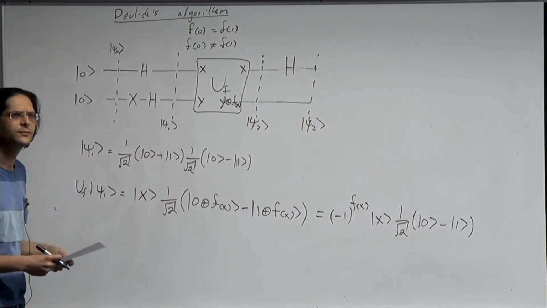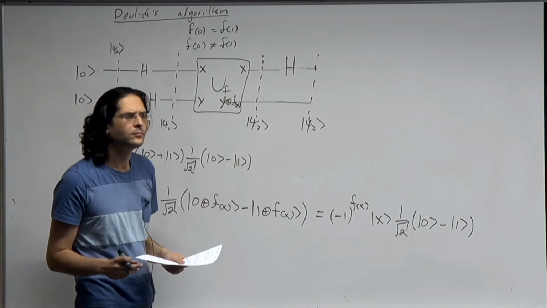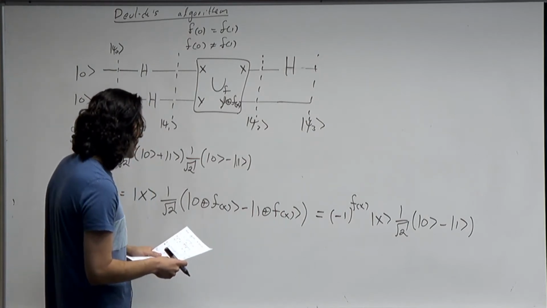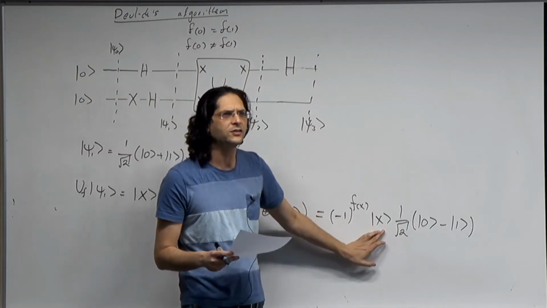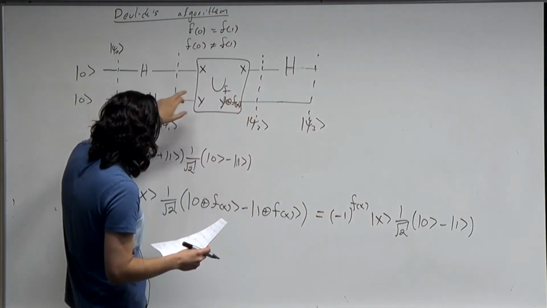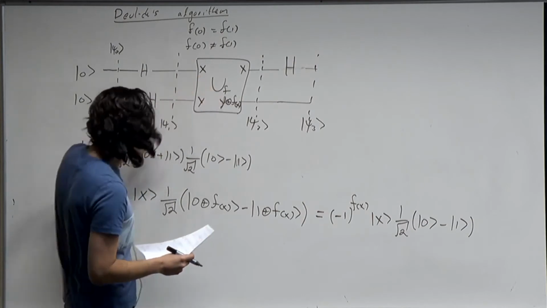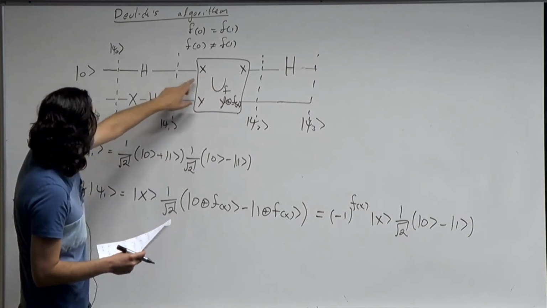Question? Yes? Shouldn't there be a summation over x? Yeah, so it depends what x is. x can be a superposition. Here you're going to see that x is coming in as a superposition.